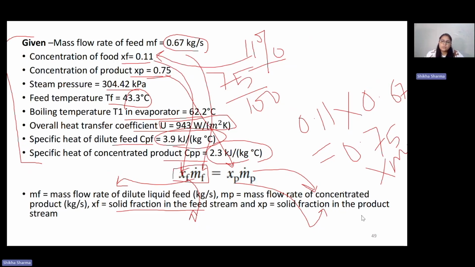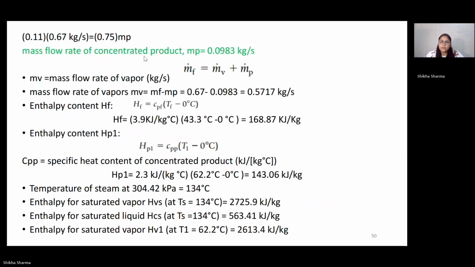That is MP, which we need to calculate. So MP would be 0.11 into 0.67 divided by 0.75. So MP, the mass flow rate of the concentrated product, will be 0.0983 kg per second.